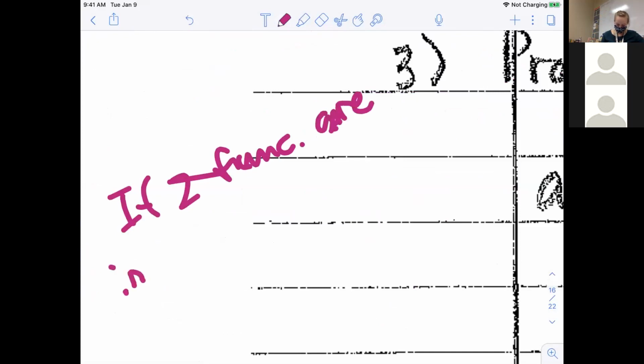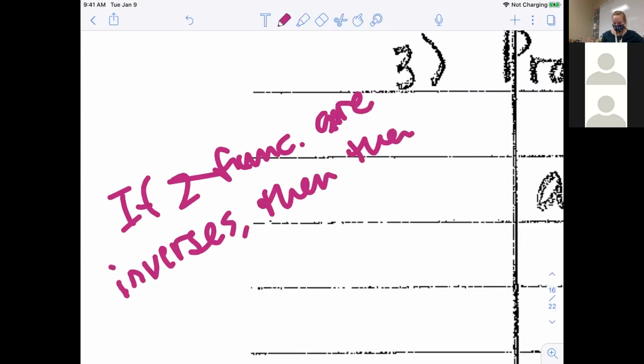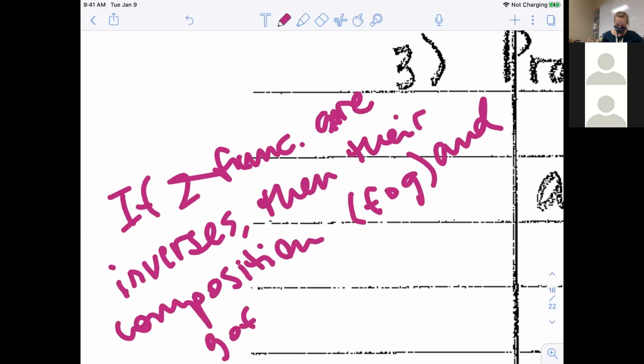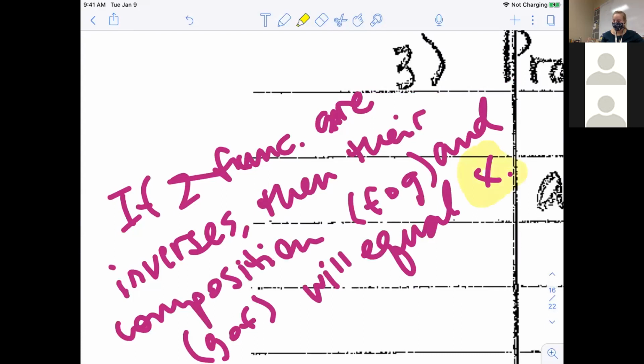If two functions are inverses, then their composition, remember composition was the last lesson we learned where we did f of g and we did g of f, those will equal x. So if I have two functions that are inverses of each other, you do the composition, both directions, f of g and g of f, and it will equal x.